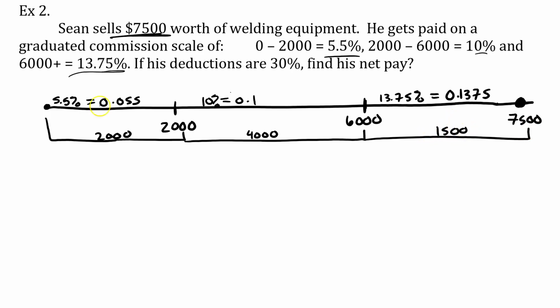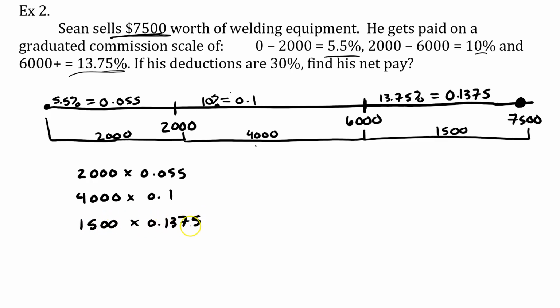So first things first, I'm going to take each one of these values, 2,000, 4,000, and 1,500, and multiply them by the decimals. So $2,000, I'm going to multiply by 0.055. $4,000, I'm going to multiply by 0.1. And the remaining 1,500, I multiply by 0.1375.